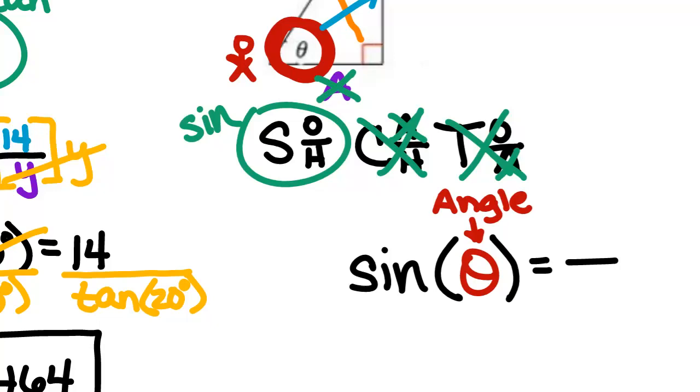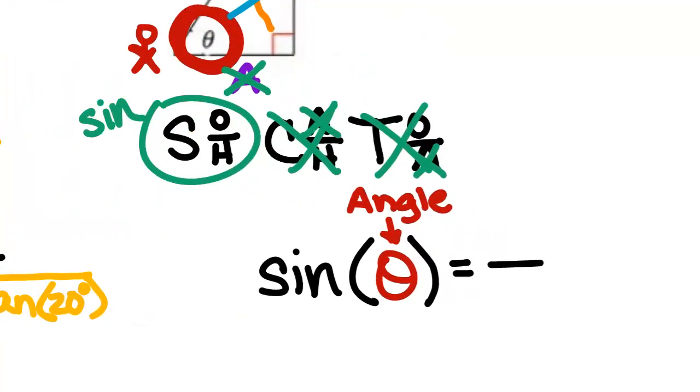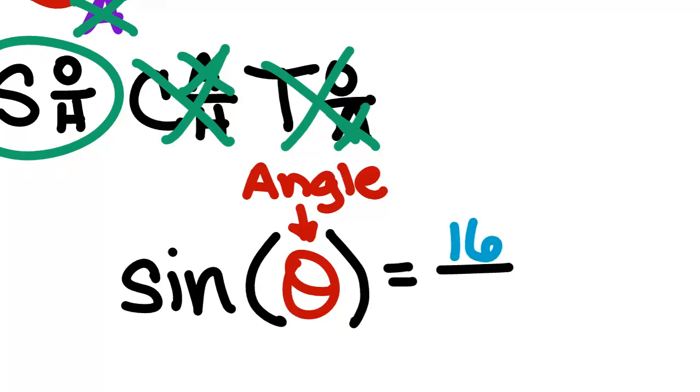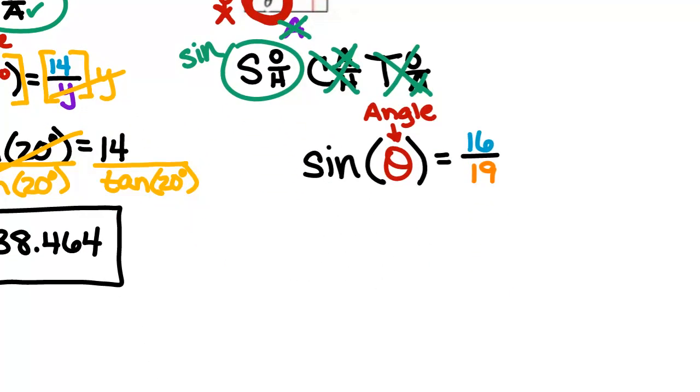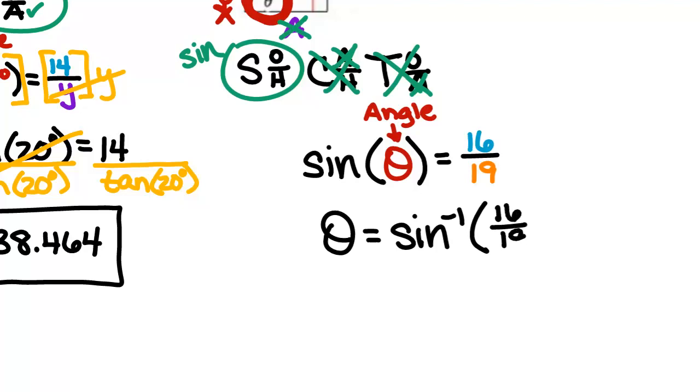All right, opposite over hypotenuse. How big's my opposite side? 16 over my hypotenuse, 19. How do I get the theta by itself? Inverse. So theta is equal to the inverse sine of 16 over 19.